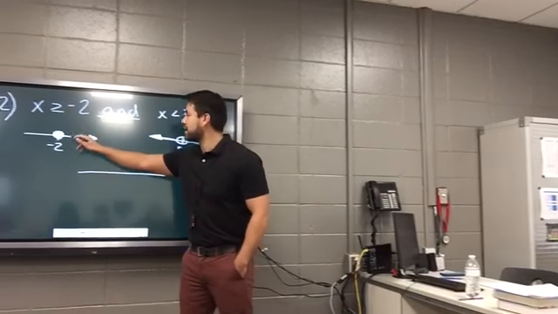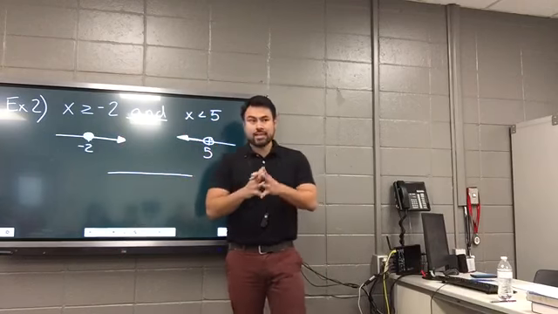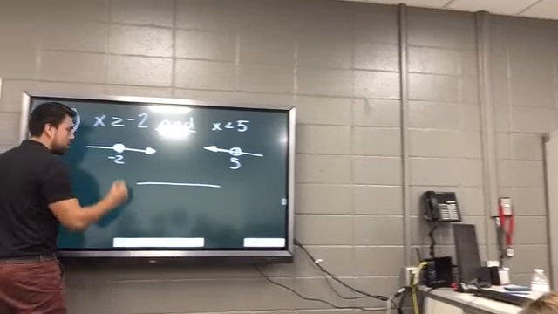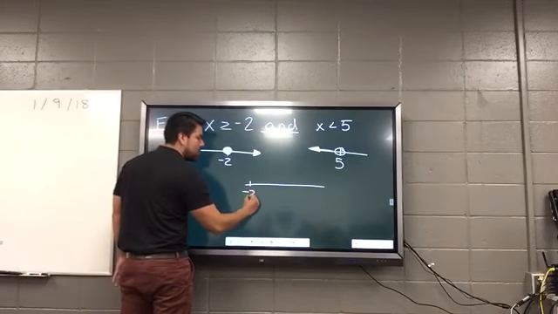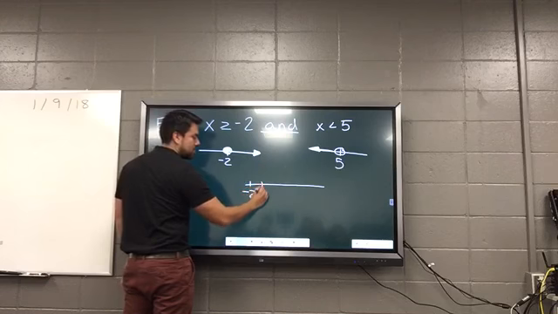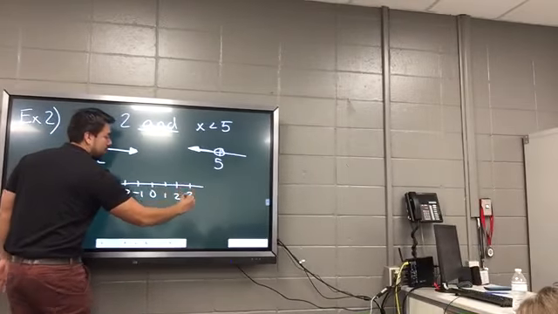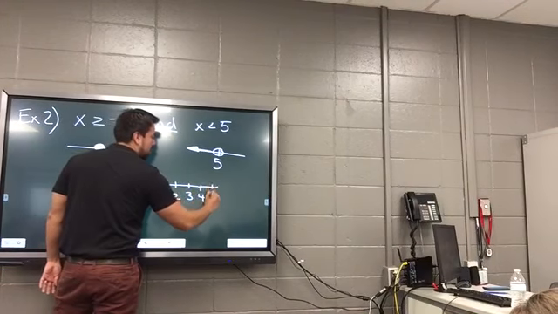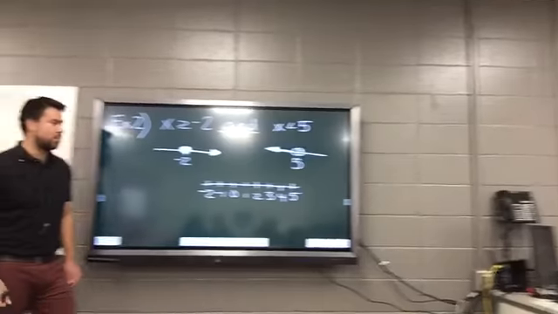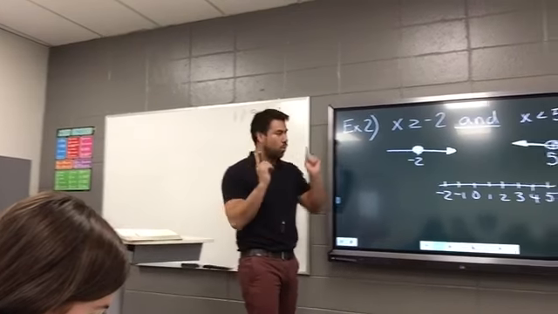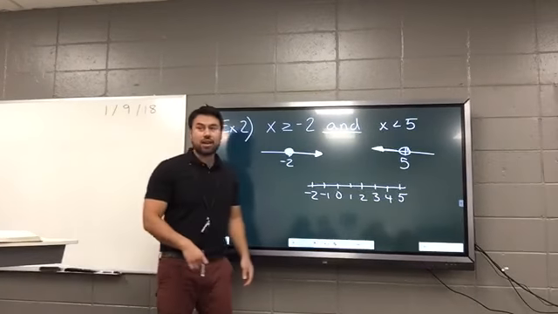We're going to combine these two inequalities into one big inequality. This is how you're going to do it. You're going to start with the smallest number, which is -2, and go all the way to positive 5. So -2, -1, 0, 1, 2, 3, 4, and 5. All right, so that's my number line so far. And you're going to combine both of these into one. Do you see compound, guys?